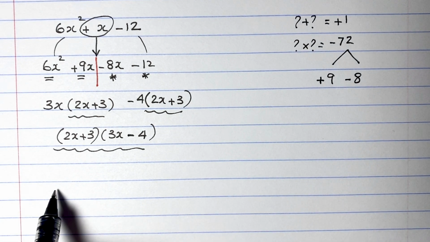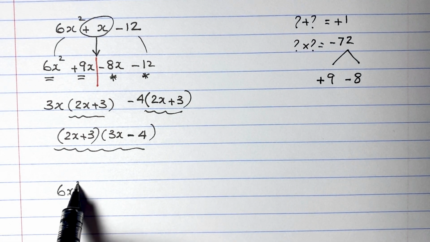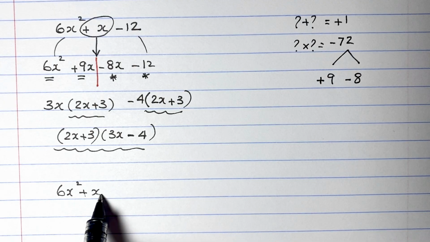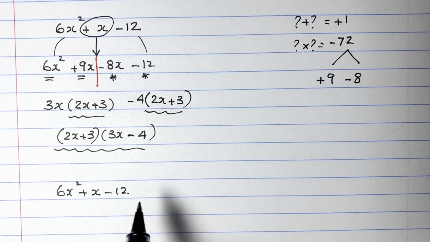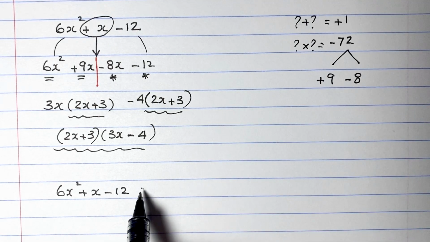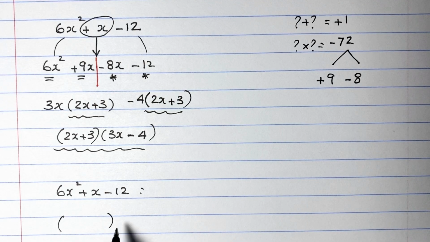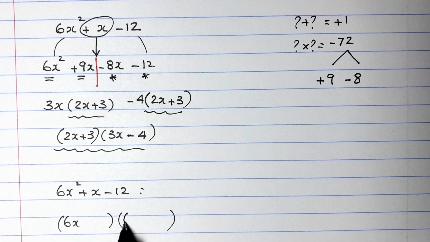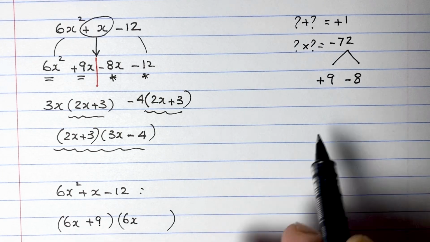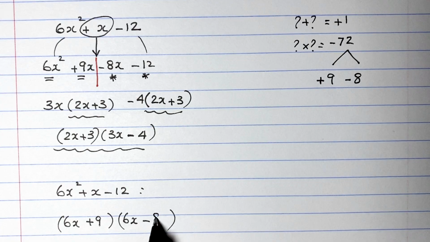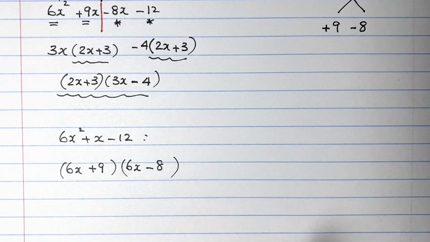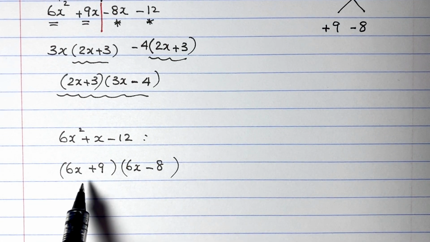The quick method, using the same information there, because the question begins with 6x squared, so you put 6x in each. The numbers are plus 9 and minus 8. You need to factorize each bracket fully.